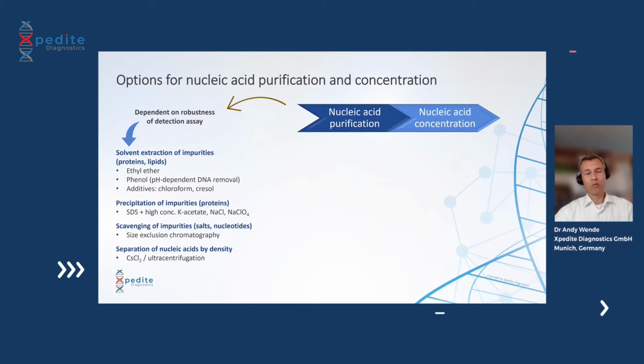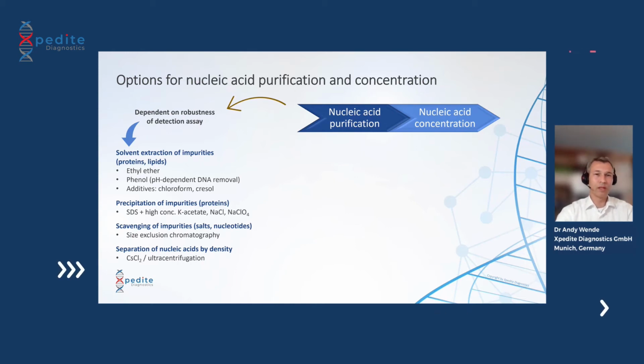So one of them is solvent extraction of the impurities, and we talk about proteins and lipids as impurities here. You can do this with organic solvents such as ethyl ether or phenol. It's very common. Usually you use additives like chloroform or cresol. Another possibility is to precipitate proteins, especially.